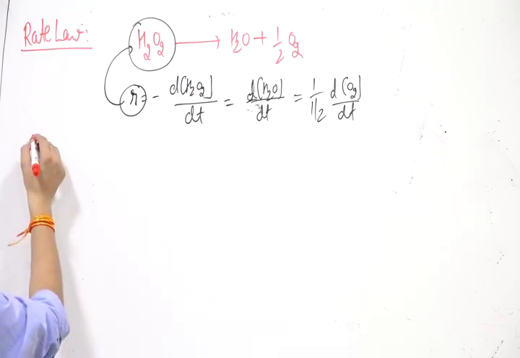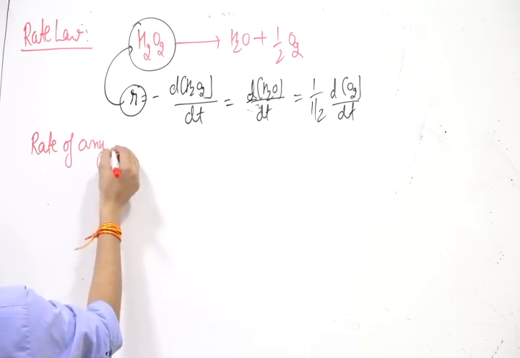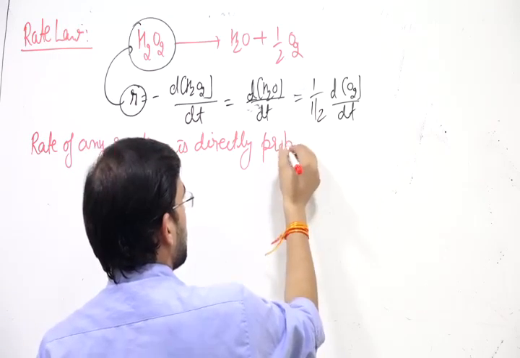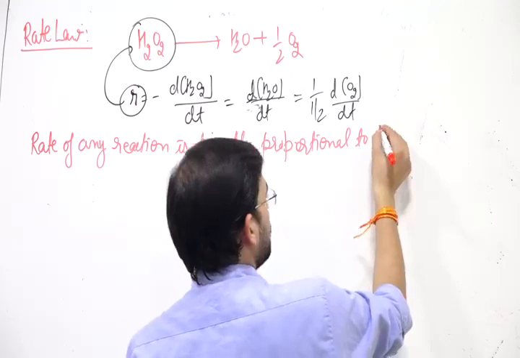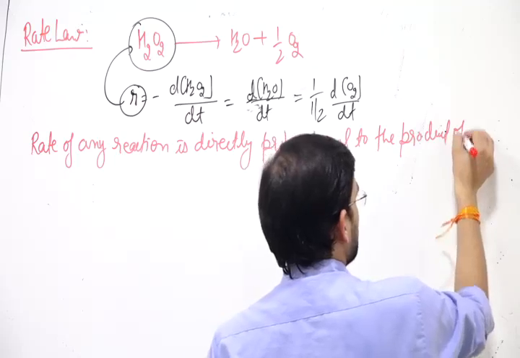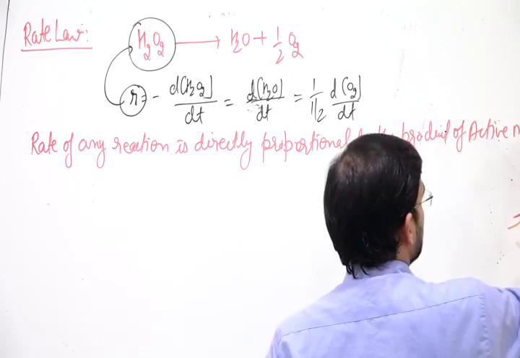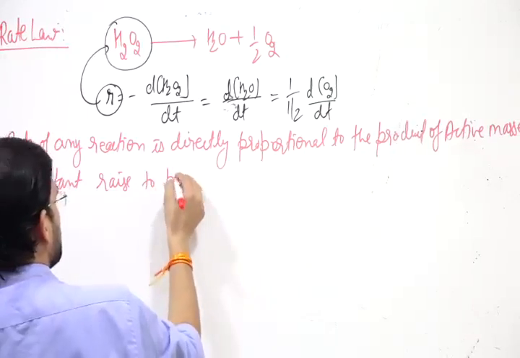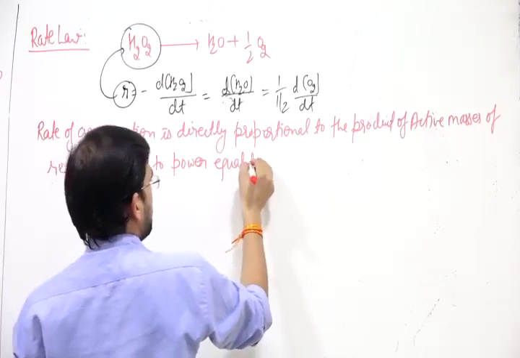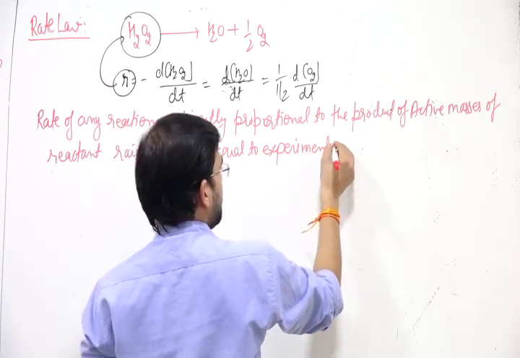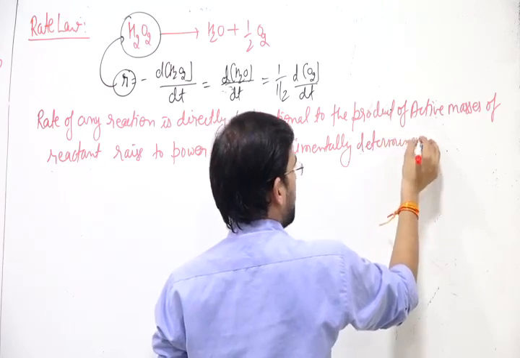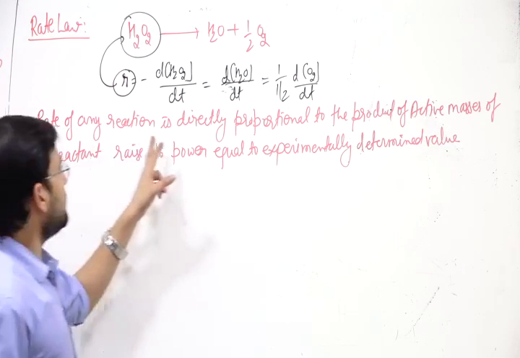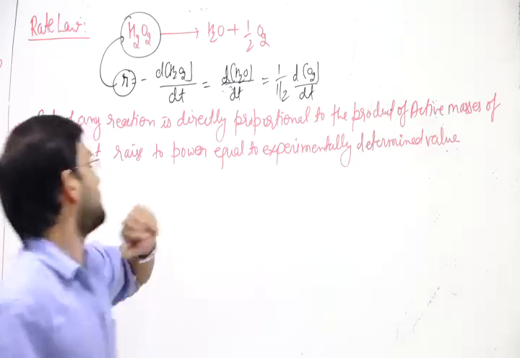Rate law says that the rate of any reaction is directly proportional to the product of active masses of reactant raised to power equal to experimentally determined value.